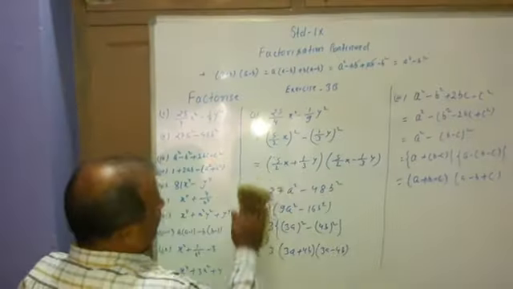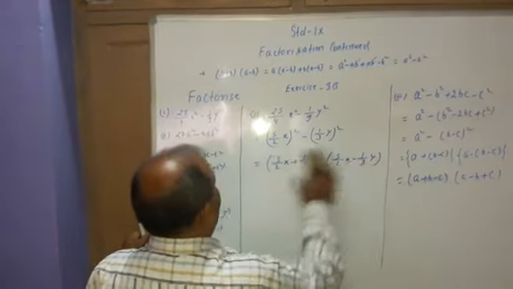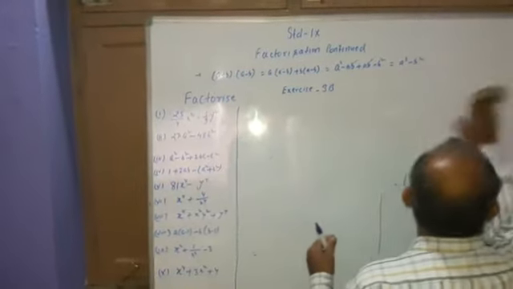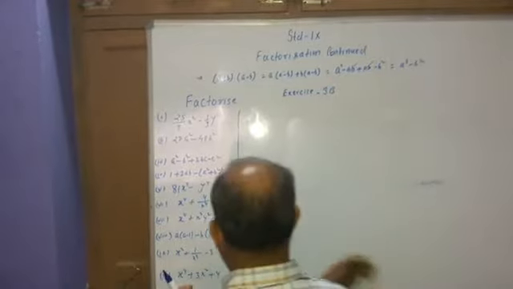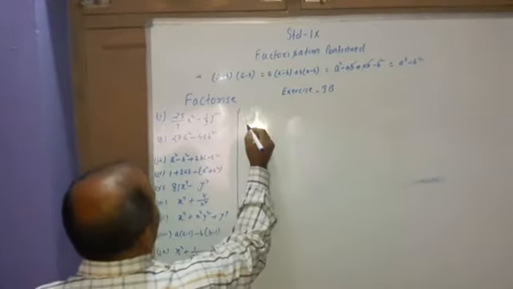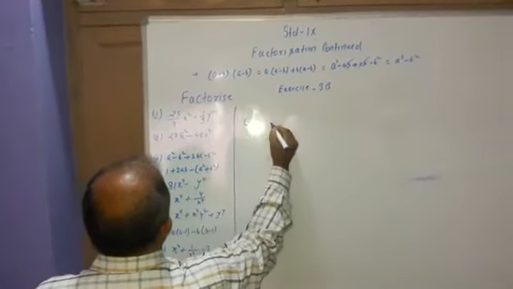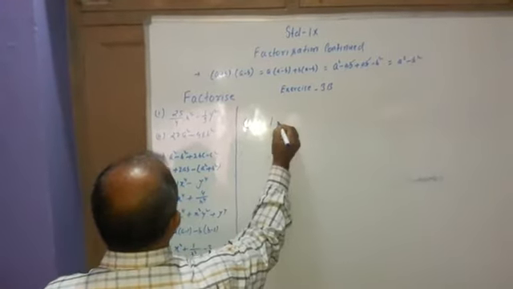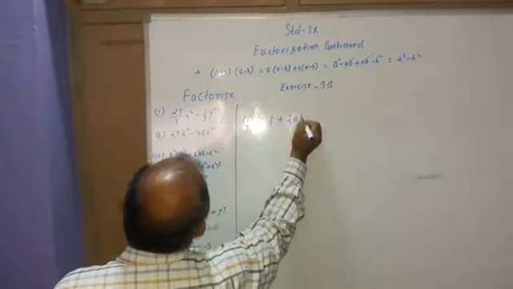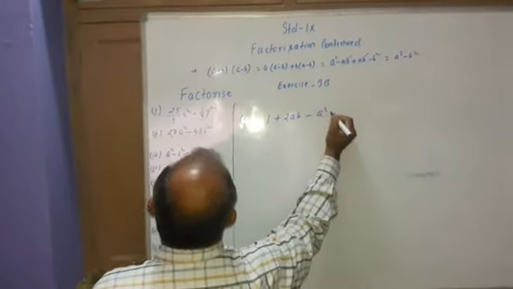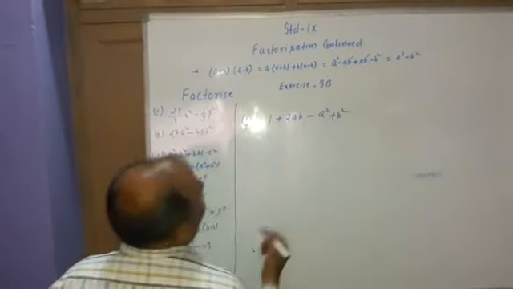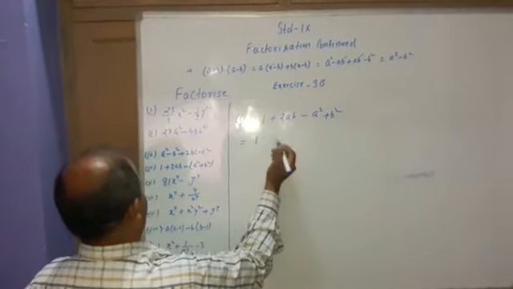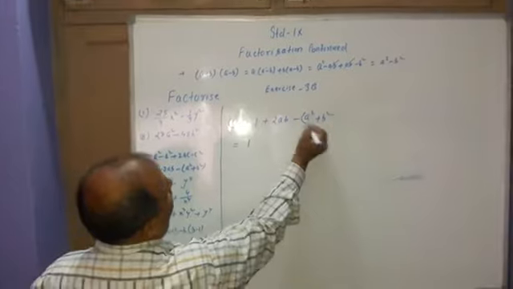Now the fourth problem: 1 plus 2ab minus (a square plus b square).